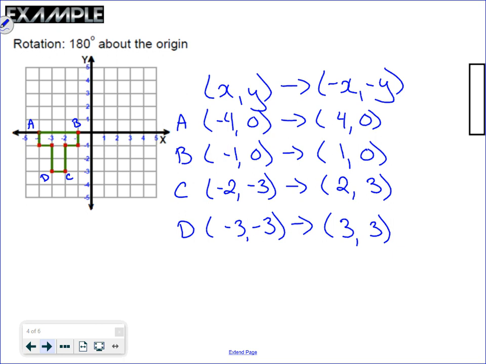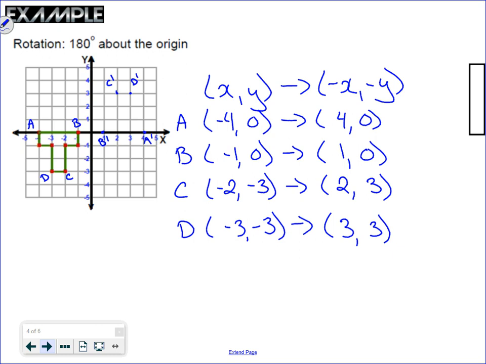Now if we plot these points on our graph, A prime will be at 4, 0. B prime will be at 1, 0. C prime will be at 2, 3. And D prime will be at 3, 3.